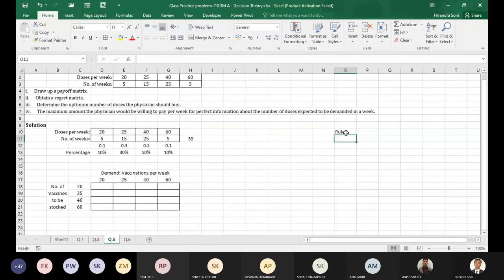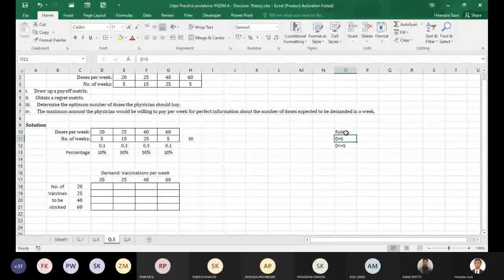We won't be able to cover many rules here because we don't know whether the demand would be greater than supply or less than or equal to supply. So we can't work that out here. Before we do this, let us note down the additional information which is available.